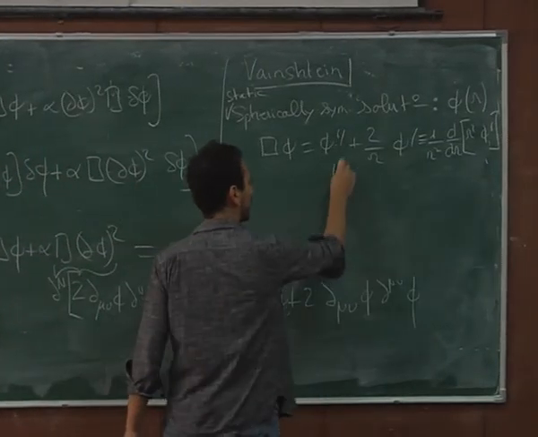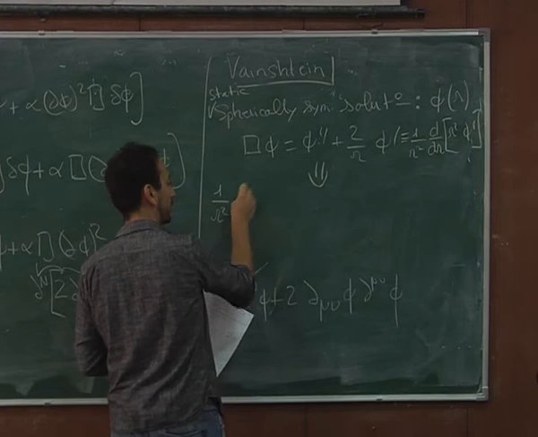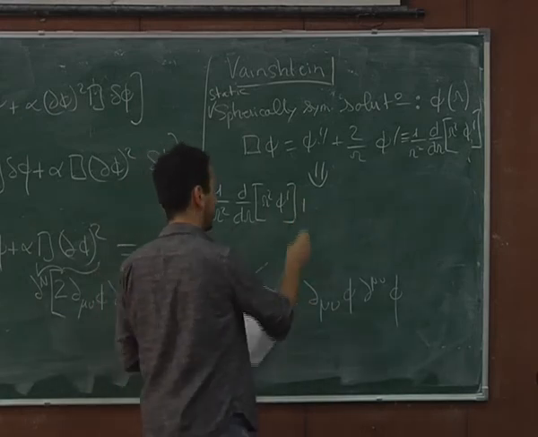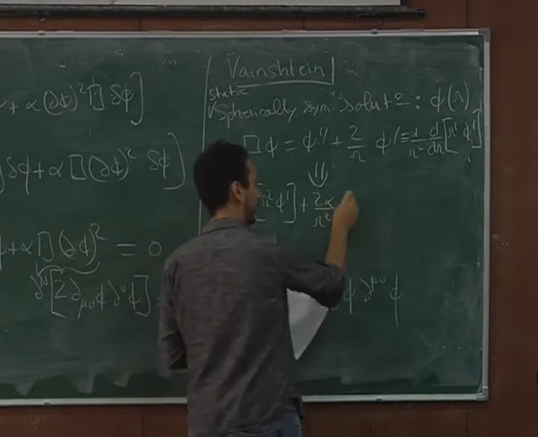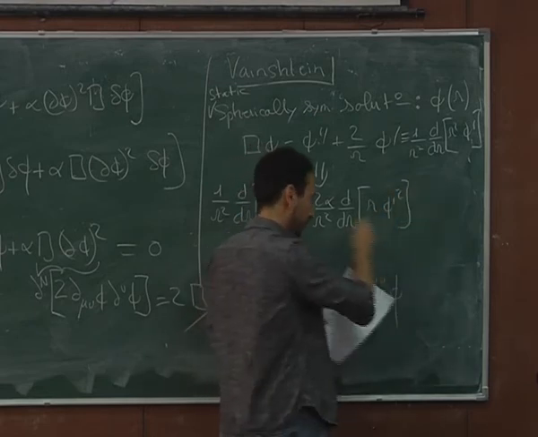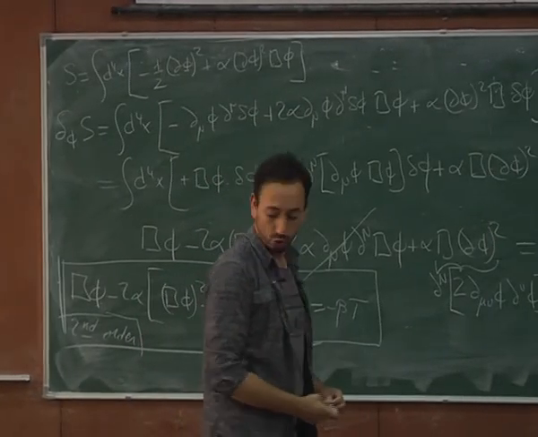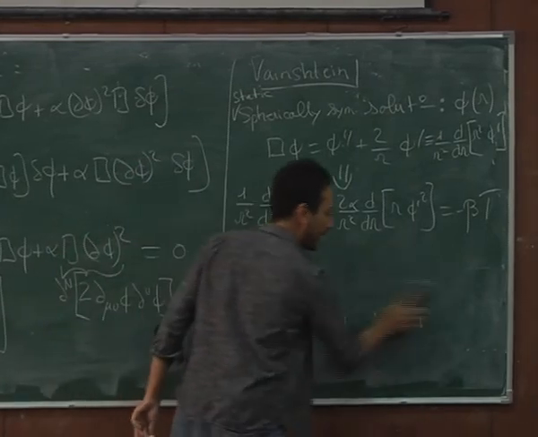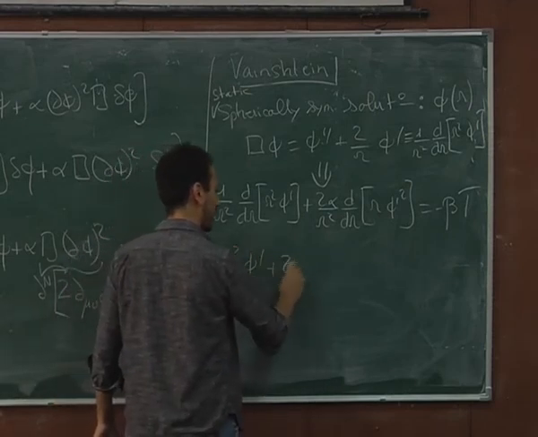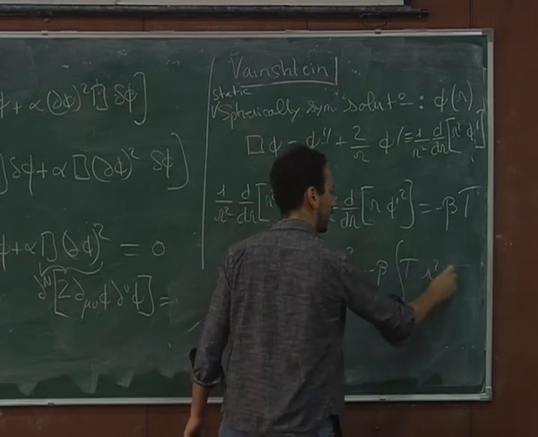And from that we can get the equation of motion, and the equation of motion becomes 1 over r squared d dr of r squared phi prime plus 2 alpha over r squared, again d dr of r phi prime squared, equal to minus beta T. Which means that if I multiply everything by r squared, I can integrate it, and I have that r squared phi prime plus 2 alpha r phi prime squared is equal to minus beta, the integral of T times r squared dr.